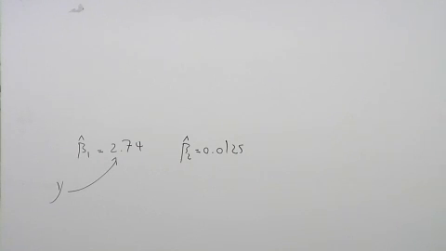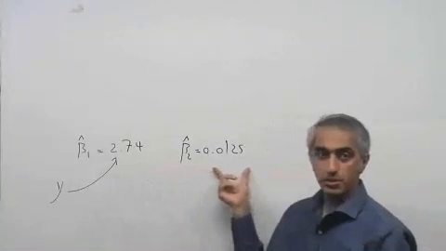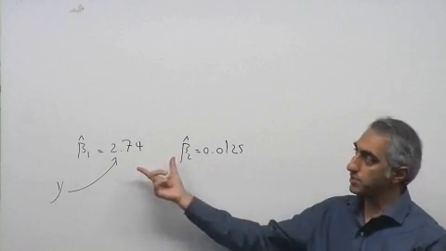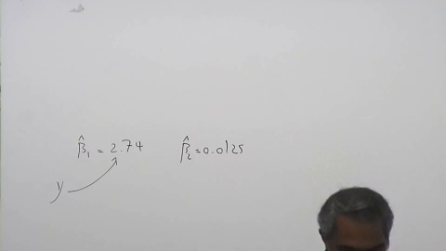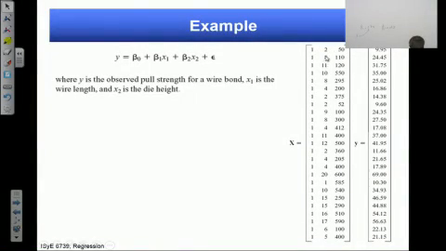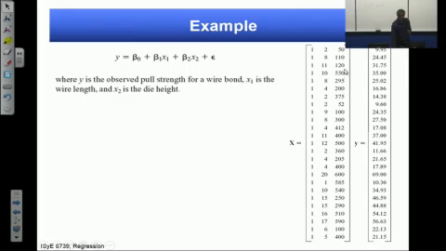Because the scale is different. You cannot simply compare this coefficient with this coefficient. If I go back and look at the range of x1s, it's very small. x2s are very large. So you cannot simply compare them. In order to compare them, you need to either first scale your X matrix, then do the regression.